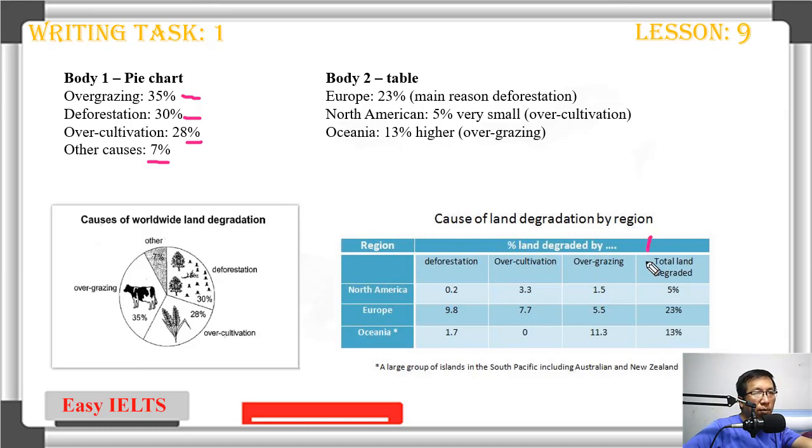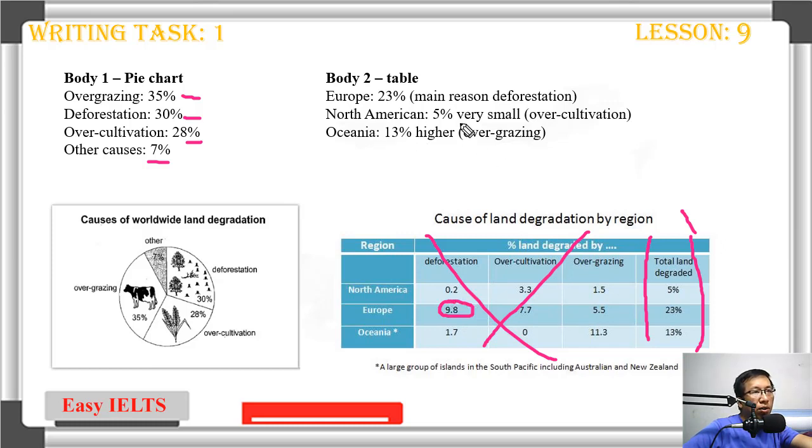Okay, body 2, the tables. When you look at the table, you have the total column here. You just focus on this column. You don't have to focus on this. Okay, Europe 32%, and you can see the main reason is deforestation.